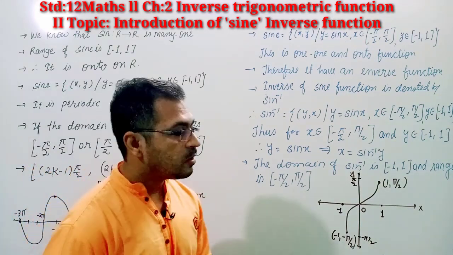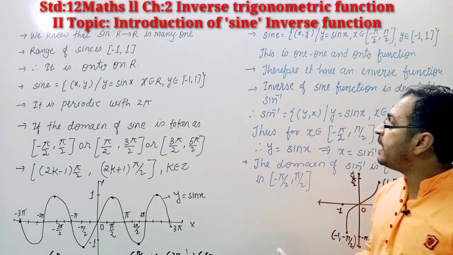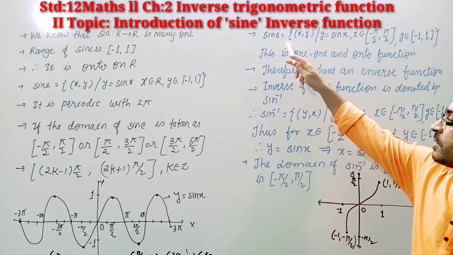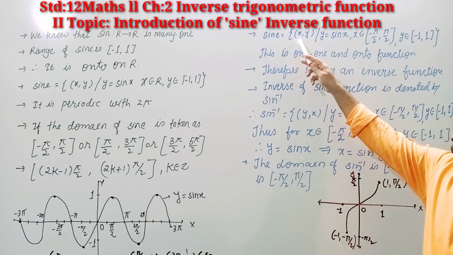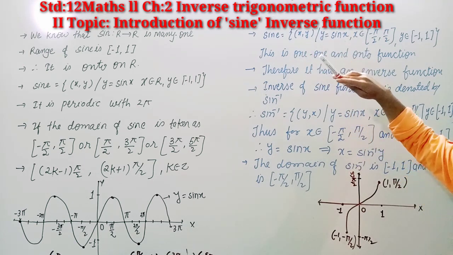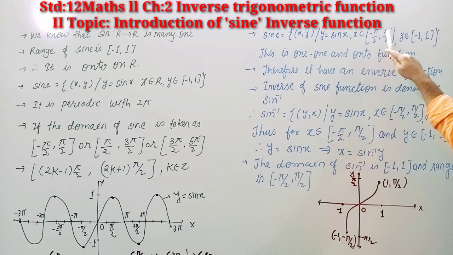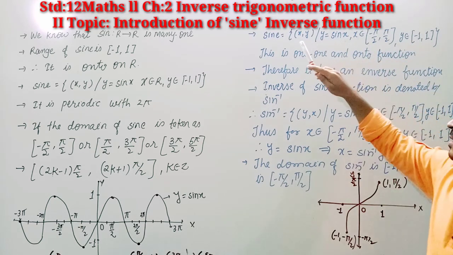Now moving to what, inverse. So basically we have learned that sine function in the form of xy, where y is equal to sine x, x belongs to minus pi by 2 to pi by 2, the y will be minus 1 to 1, right students.